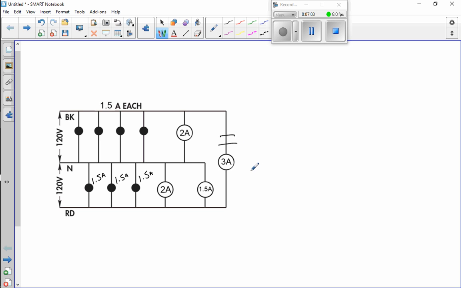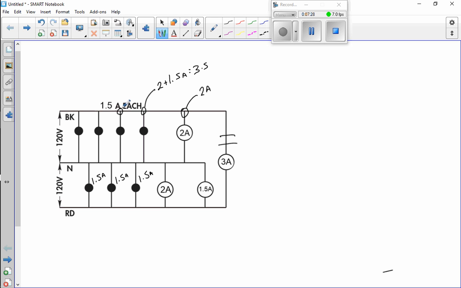There is no 3 amp load. It really isn't any different. Instead, we're just going to start right here. So it's going to be 2 amps. To get to this junction, we're going to add 1.5 amps onto it. So 2 plus 1.5 is going to be 3.5.